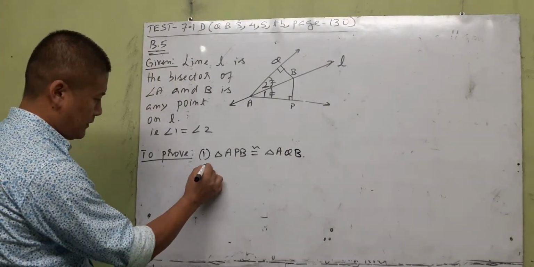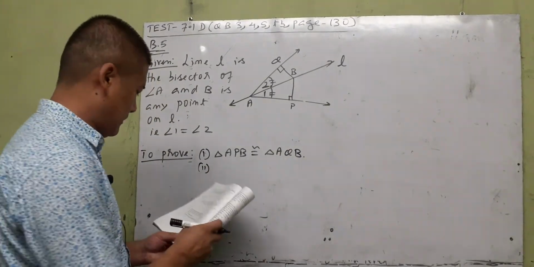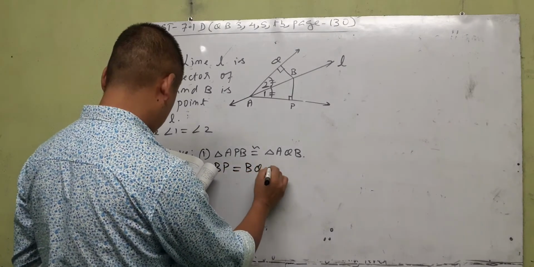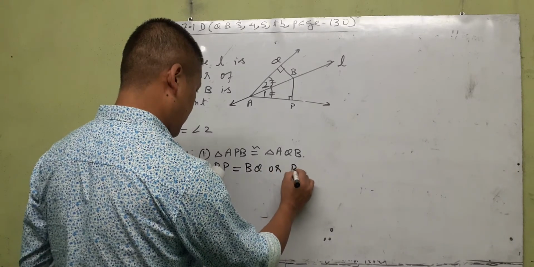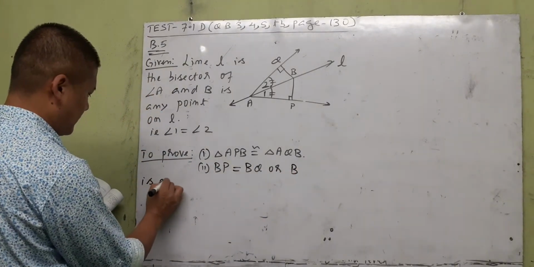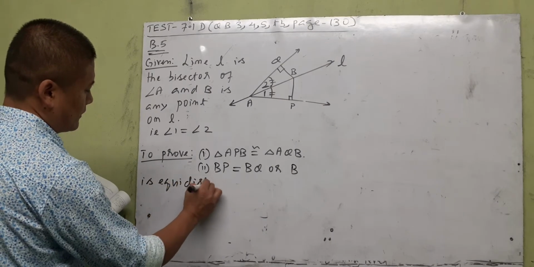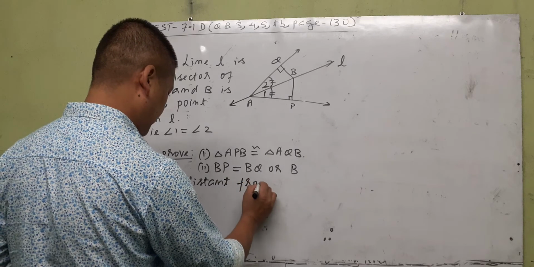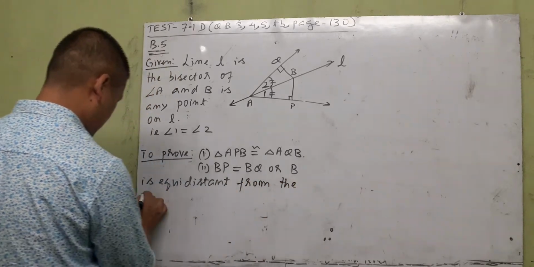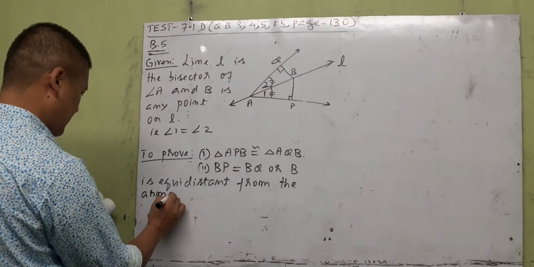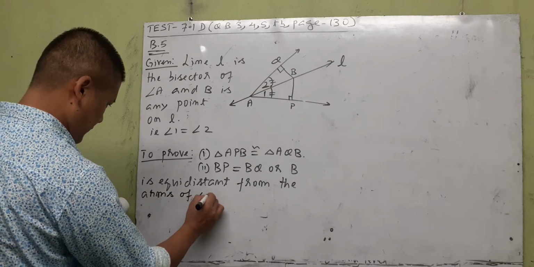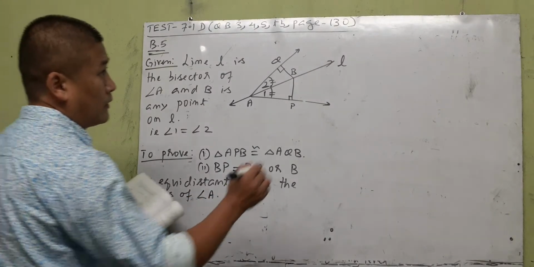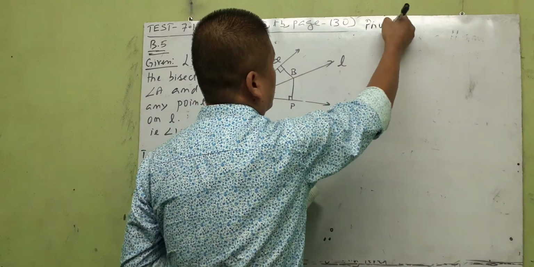Second thing you have to prove here, BP is equal to BQ, or in other words, B is equidistant from the arms of angle A. Just try the proof. You just start here. Proof means your answer.